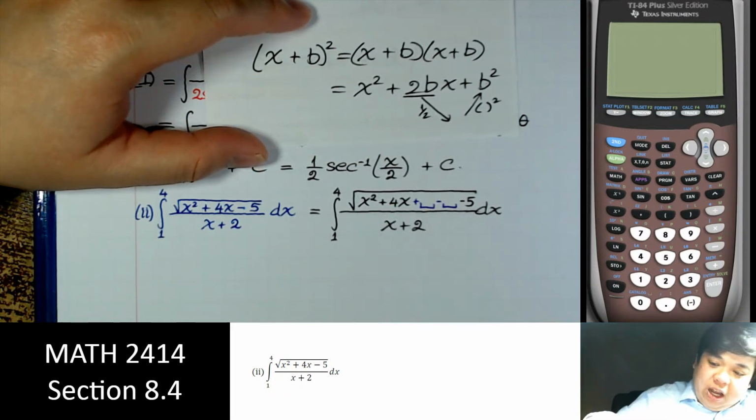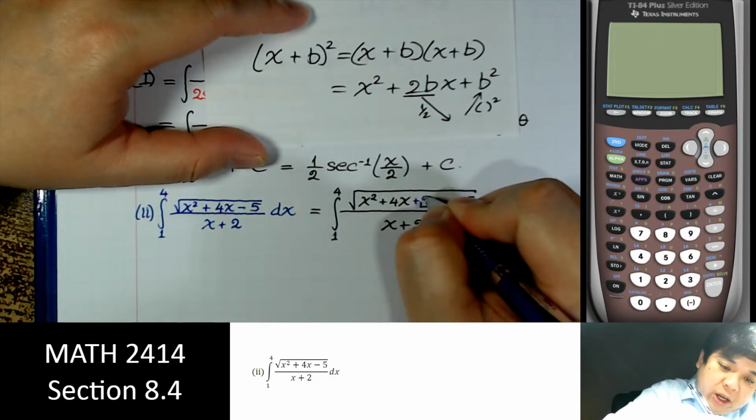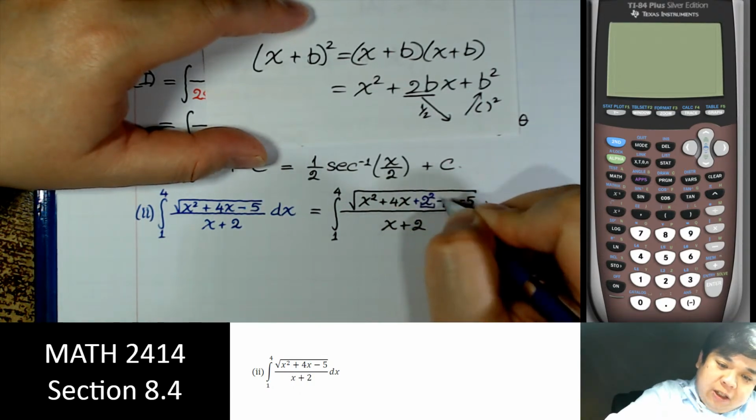So what we actually add here is going to be a 2 square and subtract 2 square.